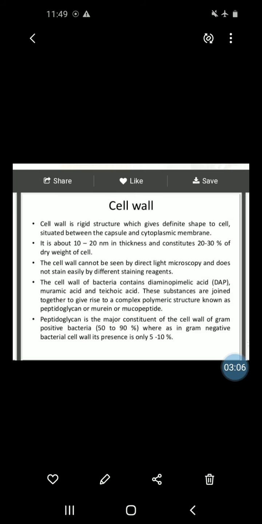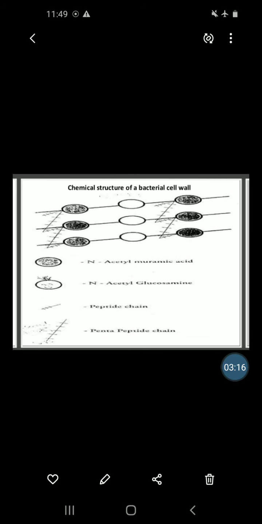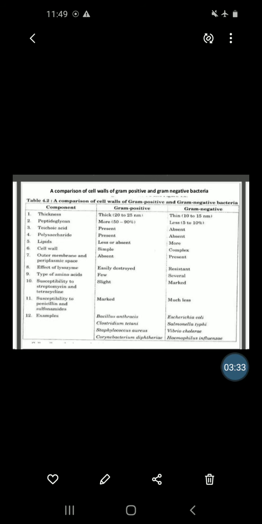The chemical structure of the bacterial cell wall contains N-acetylmuramic acid, N-acetylglucosamine, a peptide chain and a pentapeptide chain.